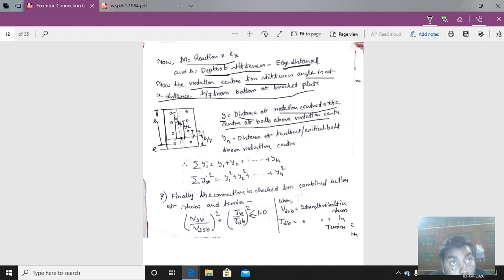So y1 is the distance between the rotation center and the center of the bolt. This is the value of y1. What is y2? The distance between the rotation center and that bolt. And as I told you, this is the farthest bolt from the rotation center, so this is the critical bolt.